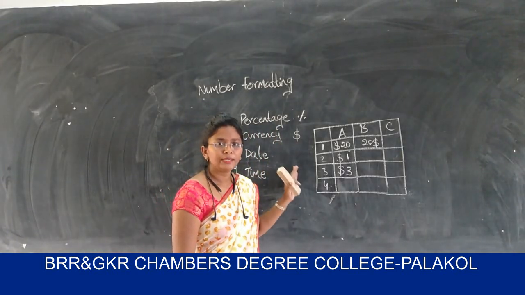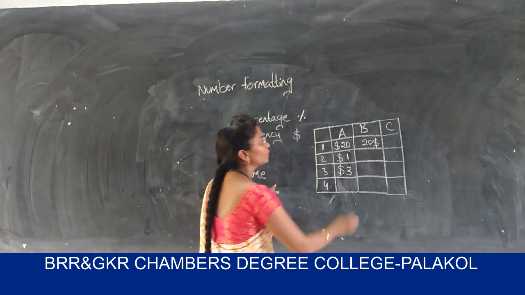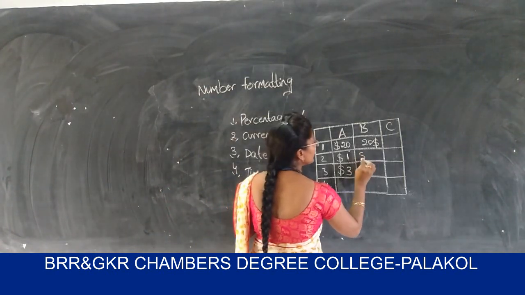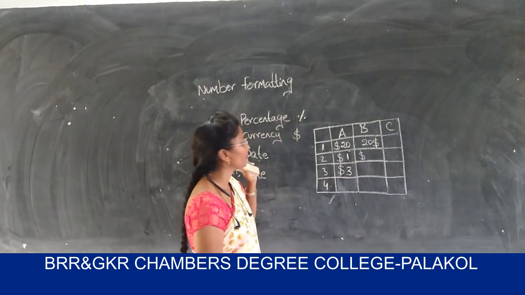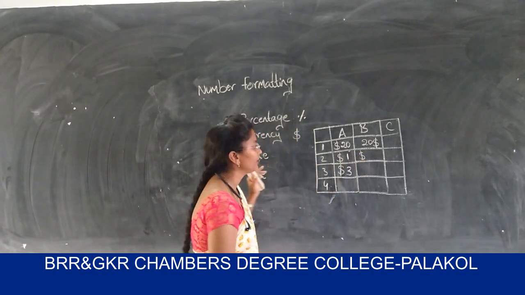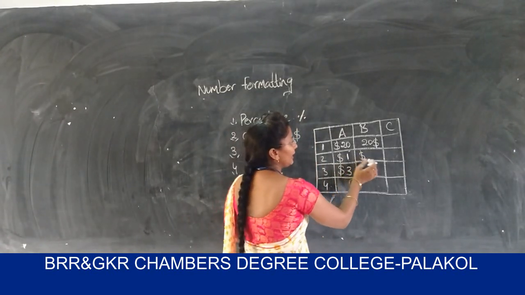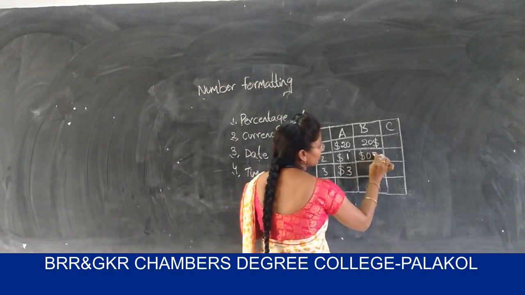If you want to enter a currency in the Excel sheet, first you have to enter the currency symbol. I am taking one type of currency over here, the dollar symbol first, and then I write the number 5.